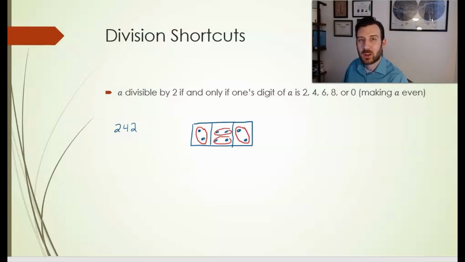Now, if we want to look at a number that is maybe not as obvious, but still able to be divided by 2, we might choose something like 32. Now, 32 violates the shortcut that we were just talking about, because we will have 3 dots in the tens place and 2 dots in the ones place.